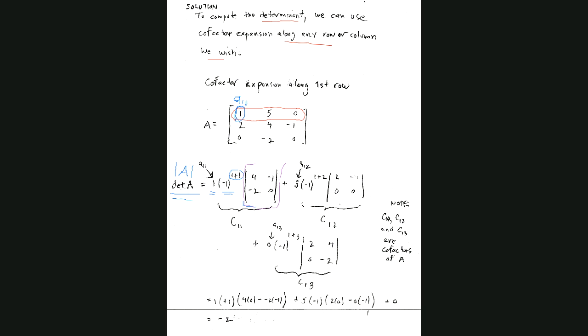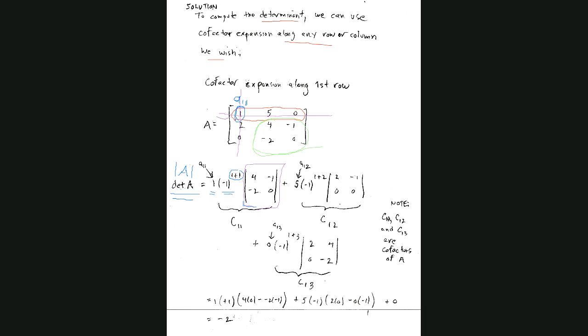I crossed out the first column and the first row, because the number 1 is the entry in the first column and the first row, and this is going to leave me with this submatrix for -1, 2, 0.